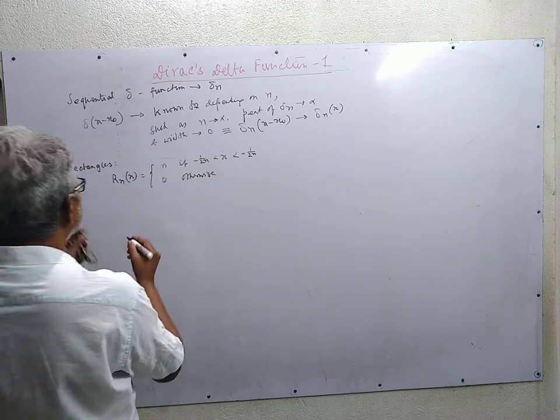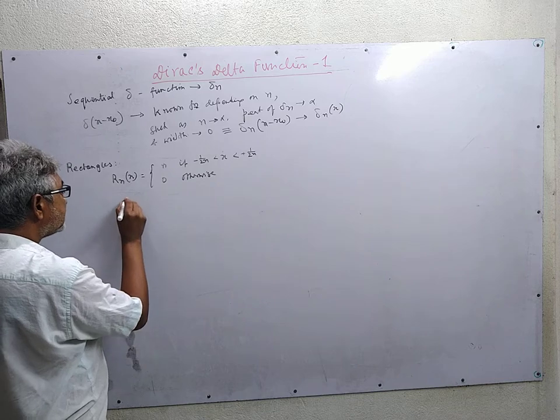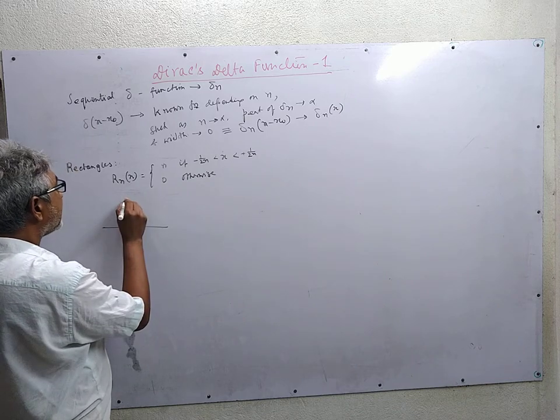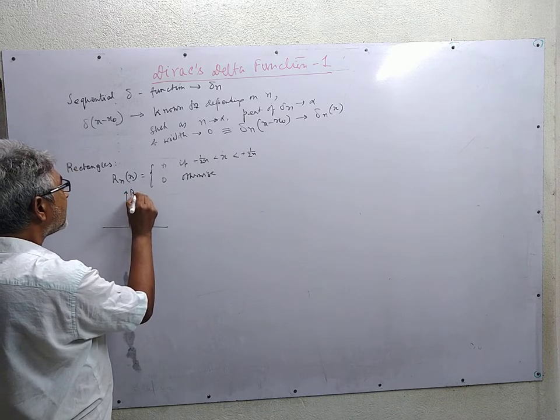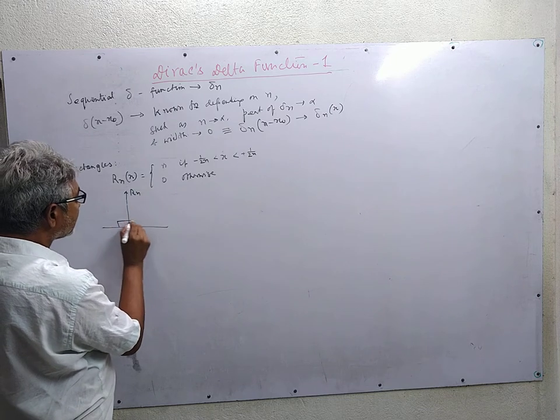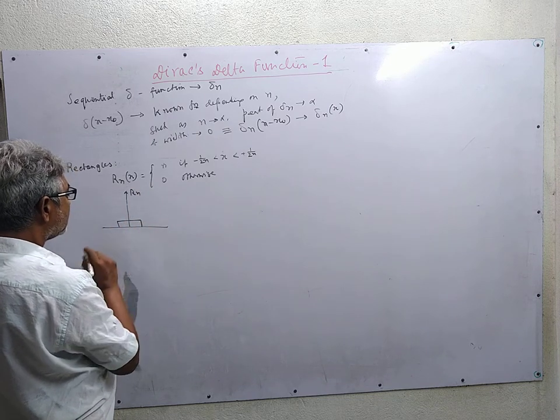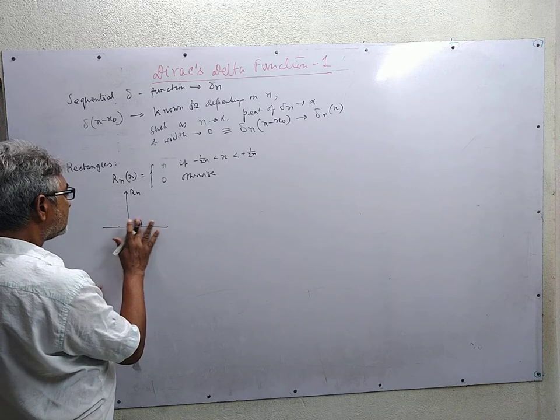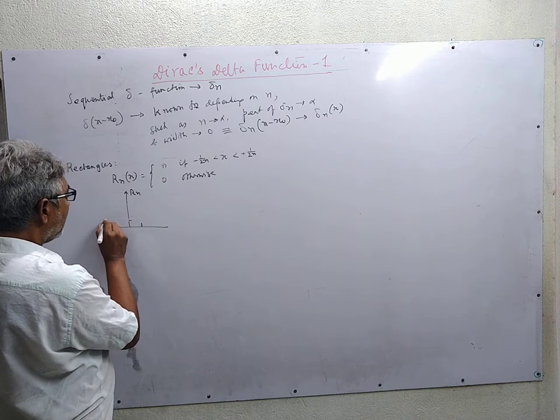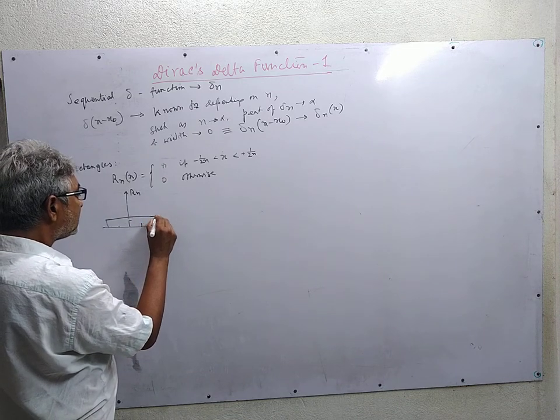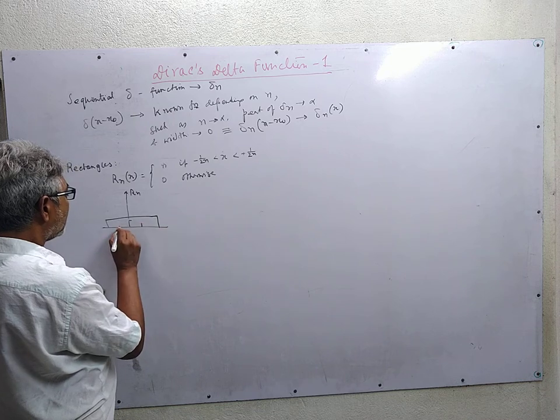So this is like this, the plot of Rn. This is the width.